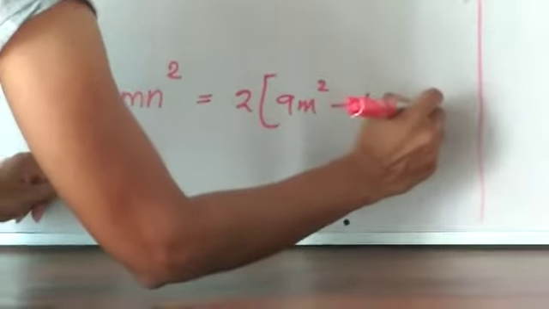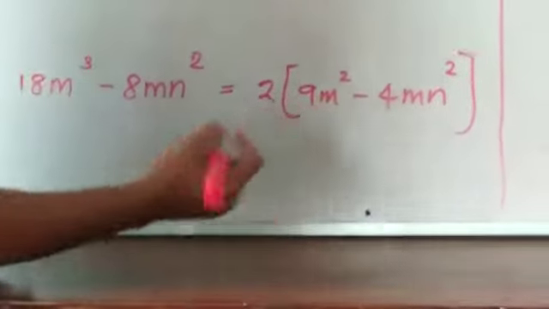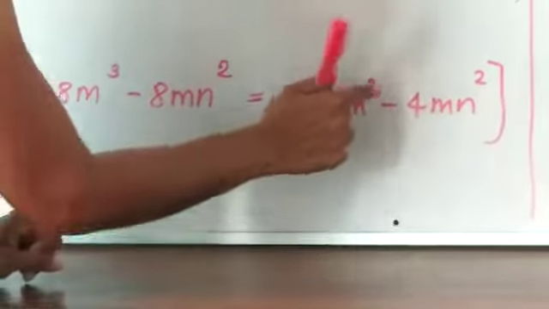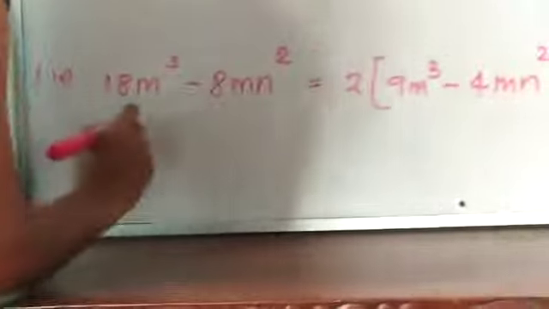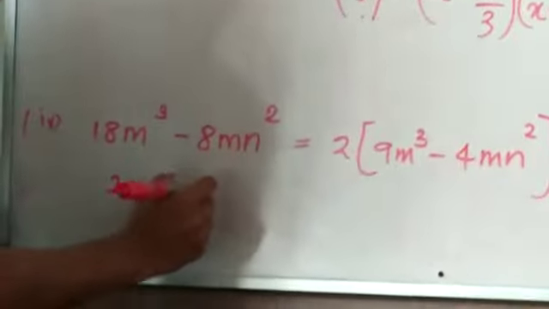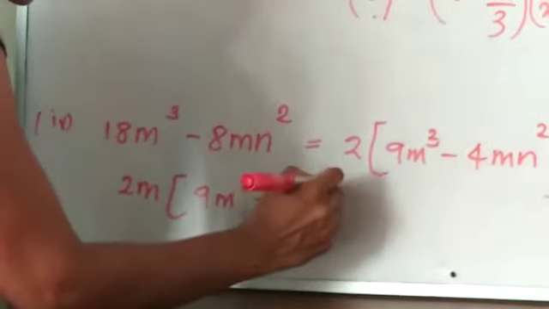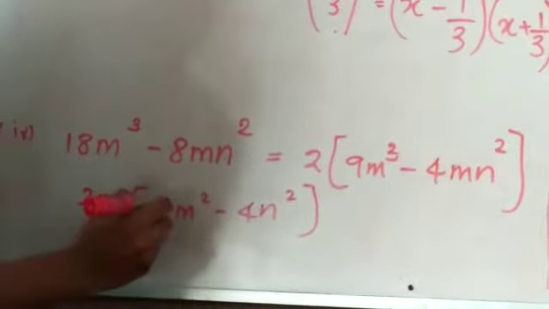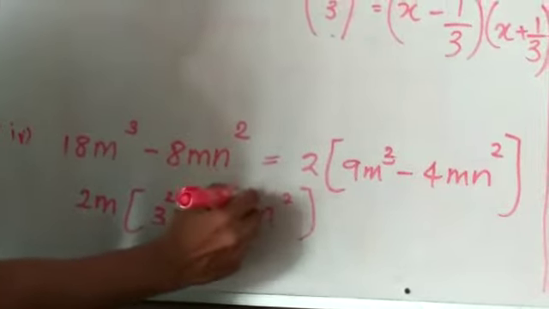Now here, can you see, sorry, this is m cubed. I can take another m out because m to the power 3 is not a square number. So I will take 2m out. Then I am left with 9m squared minus 4n squared. 9 I can write as 3 to the power 2, and 4 I can write as 2 to the power 2.